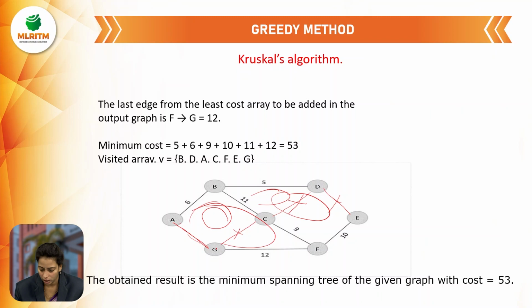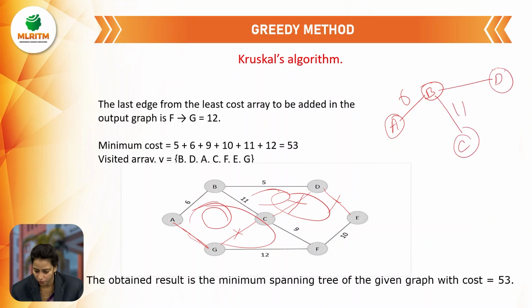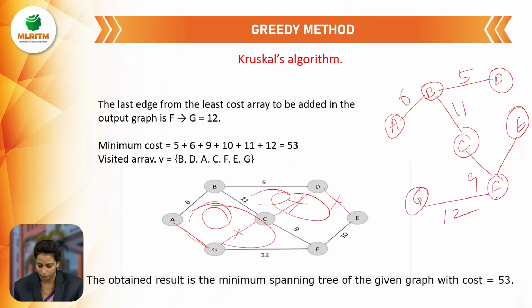So the total diagram is A to B 6, B to C 11, B to D 5, C to F 9, F to E 10, F to G 12. So is it the correct minimum spanning tree?